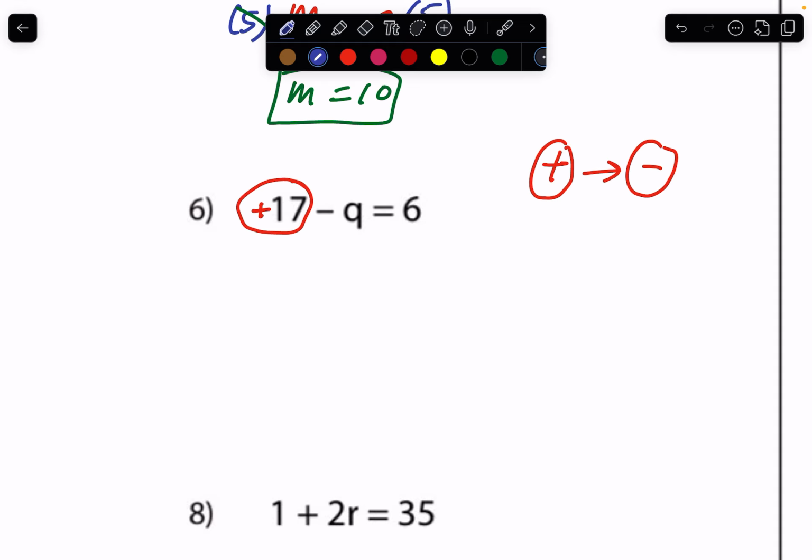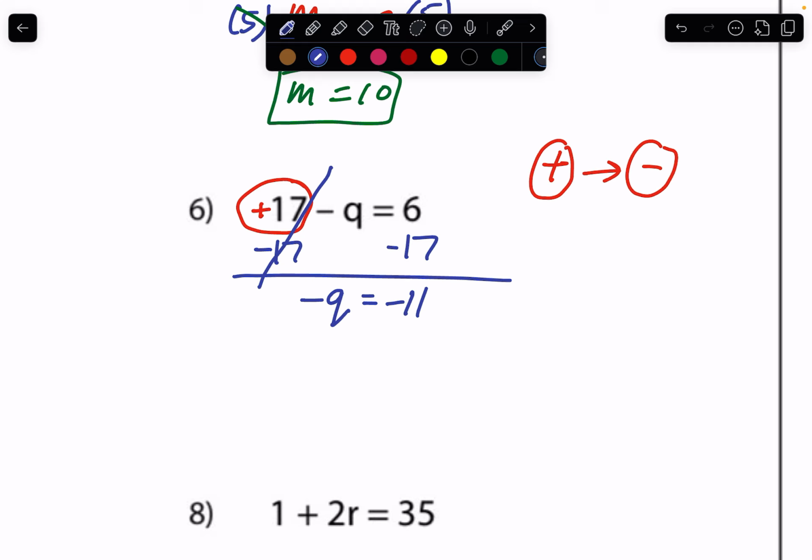How can I cancel it out? If I have 17 hot Cheetos, if I eat them, so if I'm taking them away, I'm subtracting it. So 17 minus 17 cancels out, leaving me with negative q is equal to 6 minus 17, which is negative 11, okay?